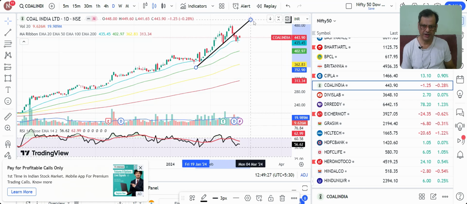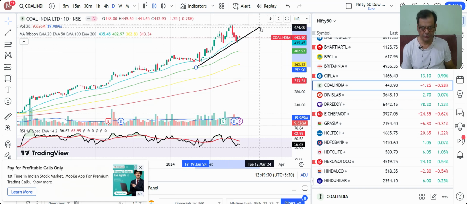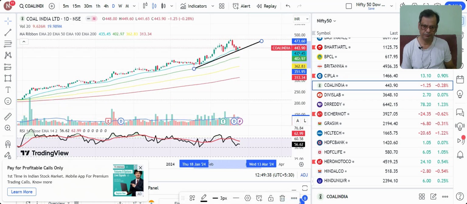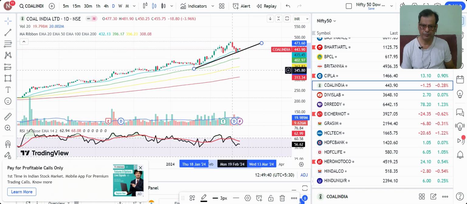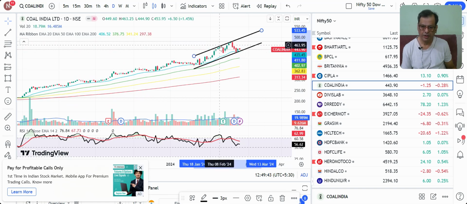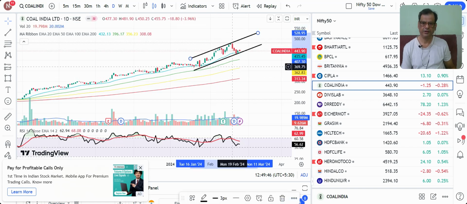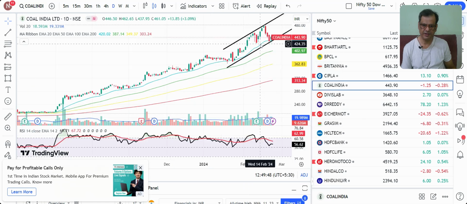Okay, don't draw it like this. You can draw it like this also. Let's see. Draw a trend line here. And we have a nice trend line fitting here. Okay. And then I'm going to reset the chart.